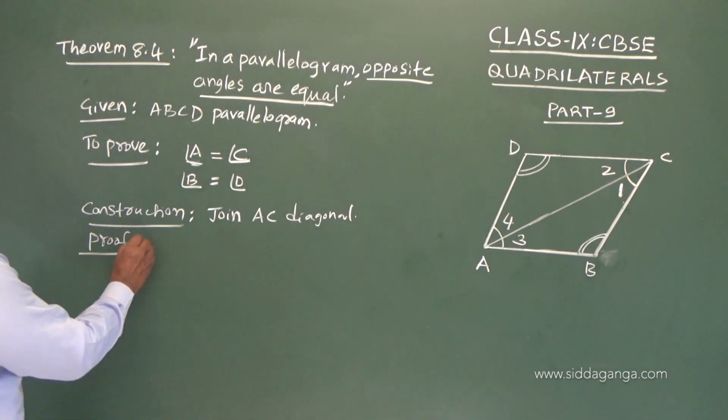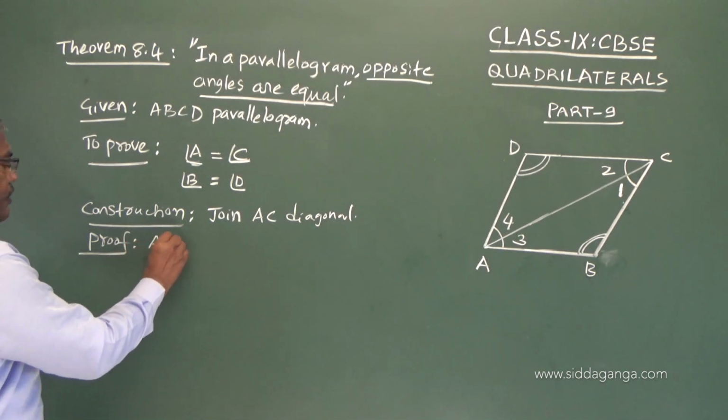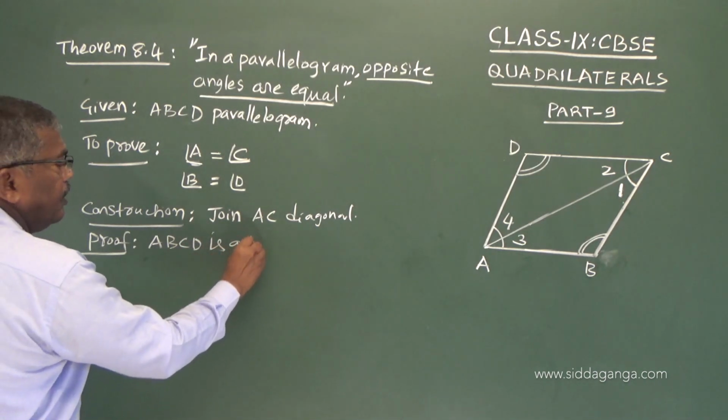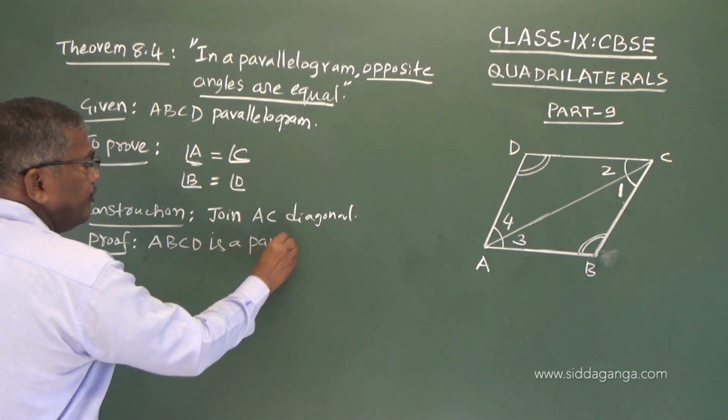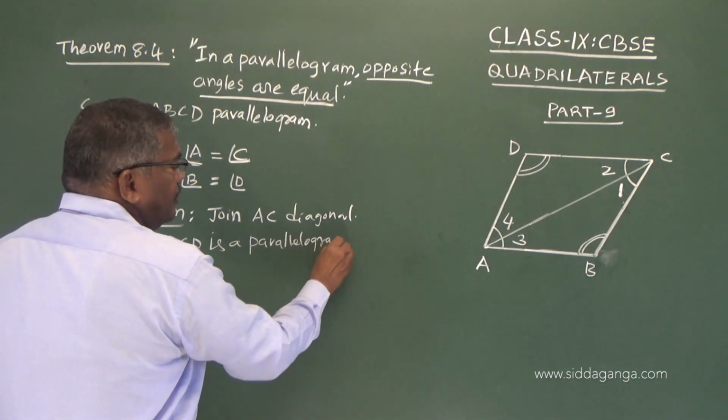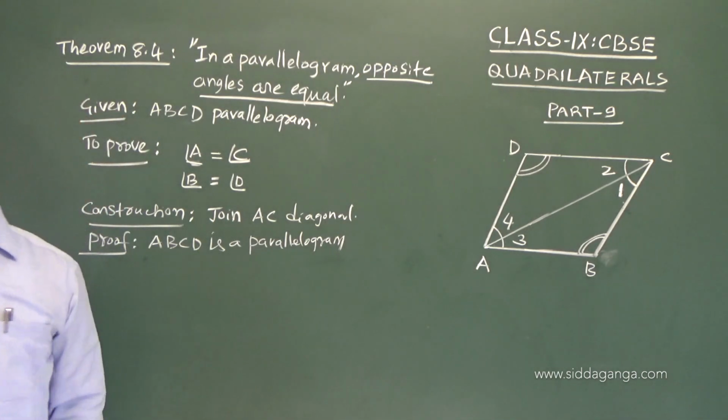So under proof you write ABCD is a parallelogram. It is given. ABCD is a parallelogram.